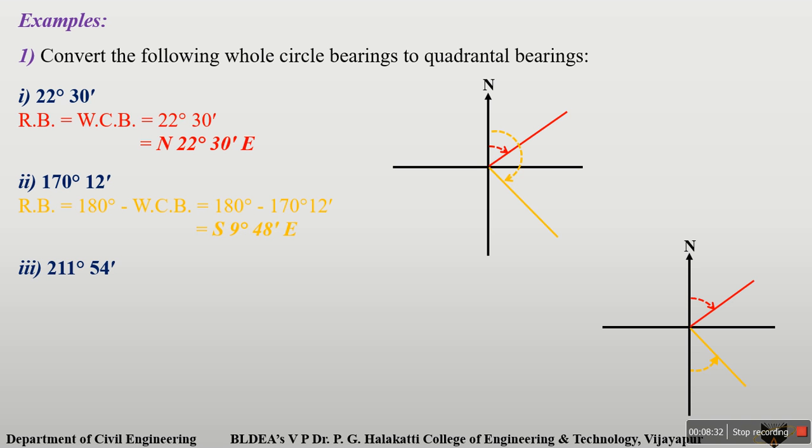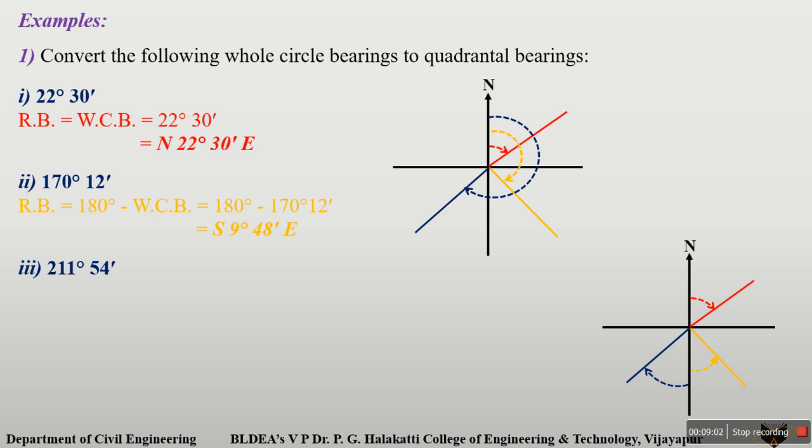Third one, 211 degree 54 minutes. By observing this angle, the bearing lies in the third quadrant. In the third quadrant also, WCB is measured from the north again. In the quadrantal bearing, the line is present in the third quadrant, so in this condition the measurement of the quadrantal bearing is from the south towards the west side.